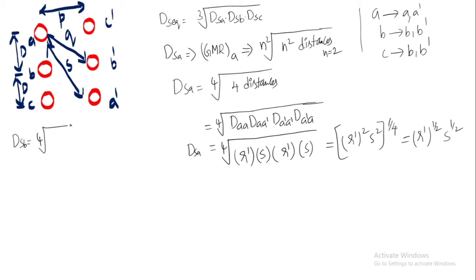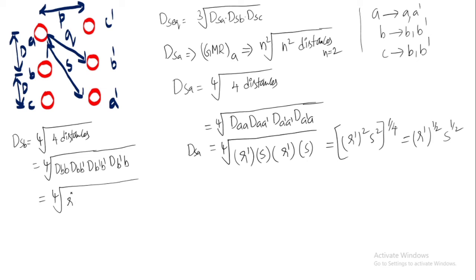Similarly find DsB. DsB is also fourth root of four distances. Now what are the four distances? It is fourth root of DBB, DBB dash, next DB dash B dash, next DB dash to B. B to B, B dash to B dash, all are self distances, right? Self distances are R dash. Now R dash into, what is B to B dash distance?